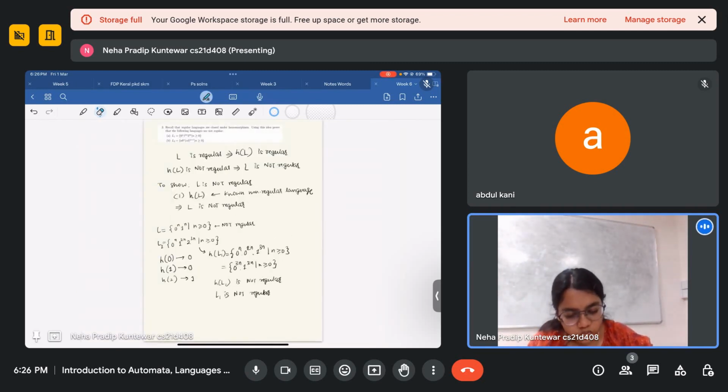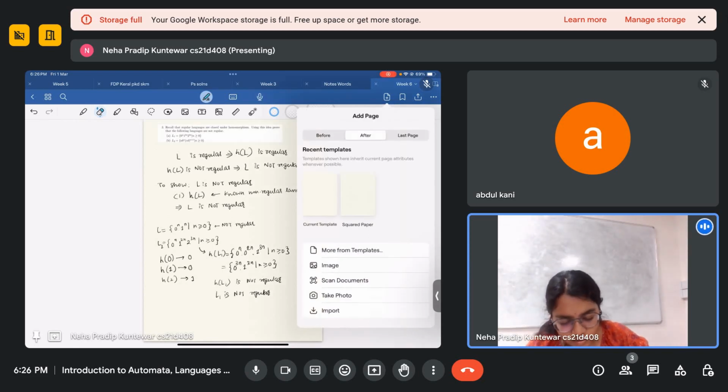Okay, so if that is clear, let's try to do the second example.